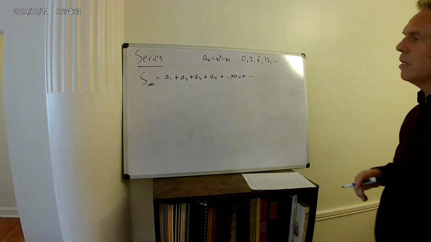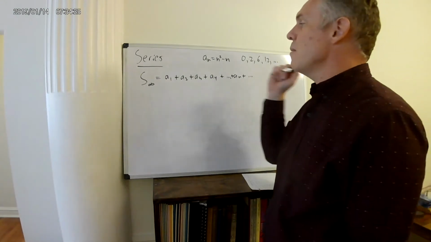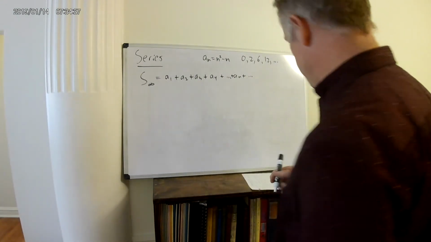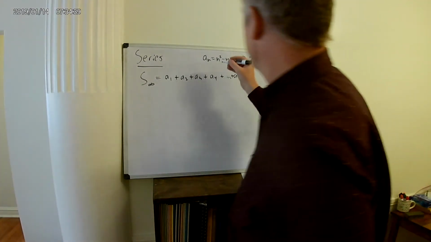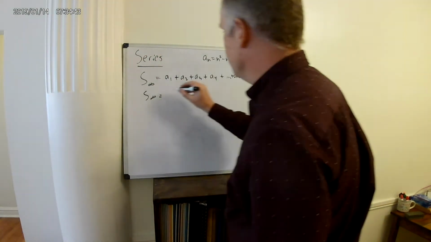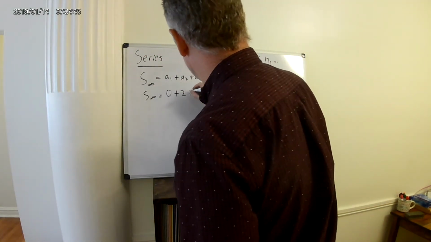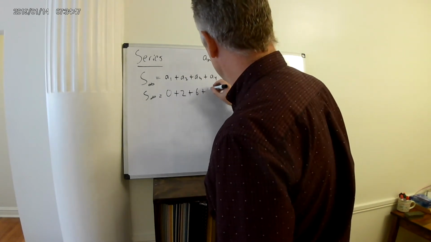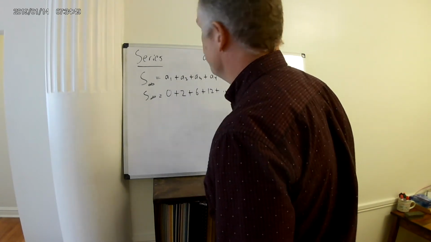So S sub infinity means sum up all the terms of your sequence. In this particular case, for this example, S sub infinity equals 0 plus 2 plus 6 plus 12 plus all the rest of the terms.